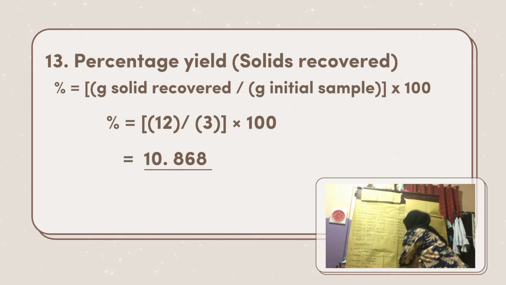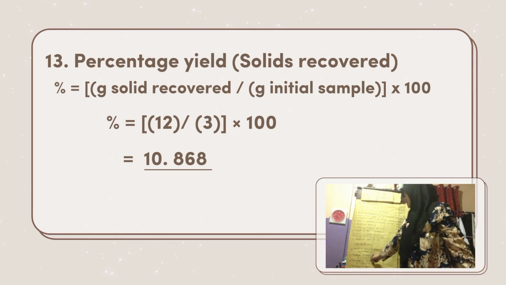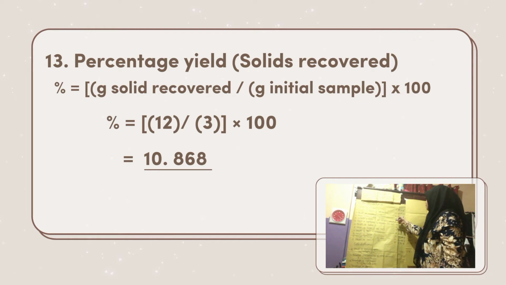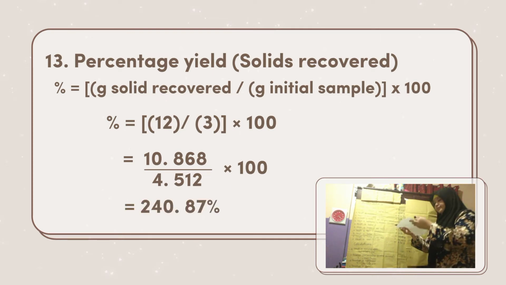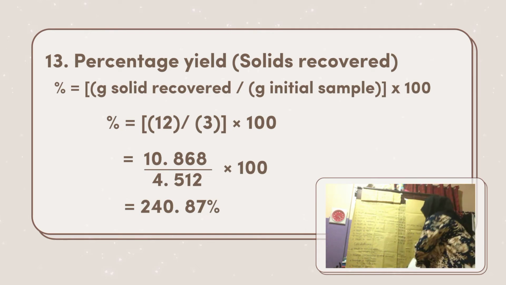Then we divide by number 3, which is 4.512 grams, and multiply by 100, which equals 240.87%.